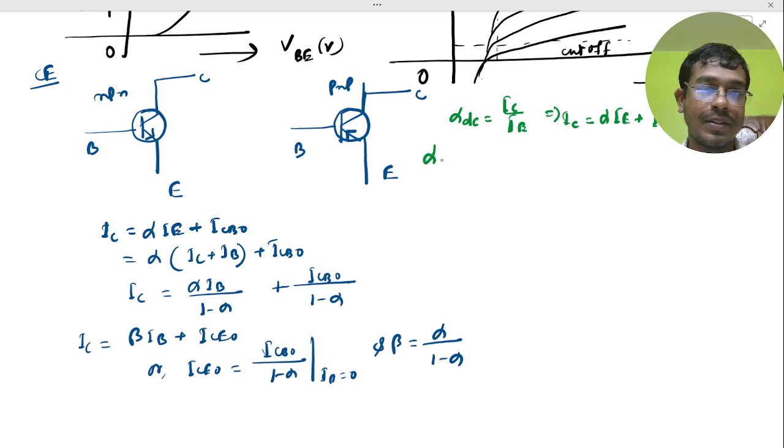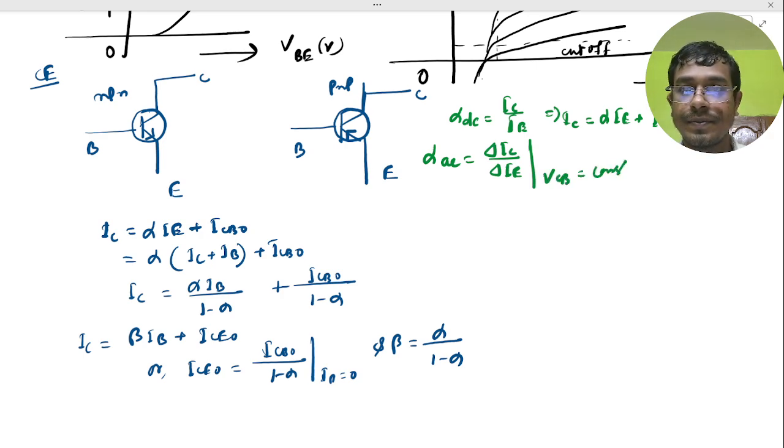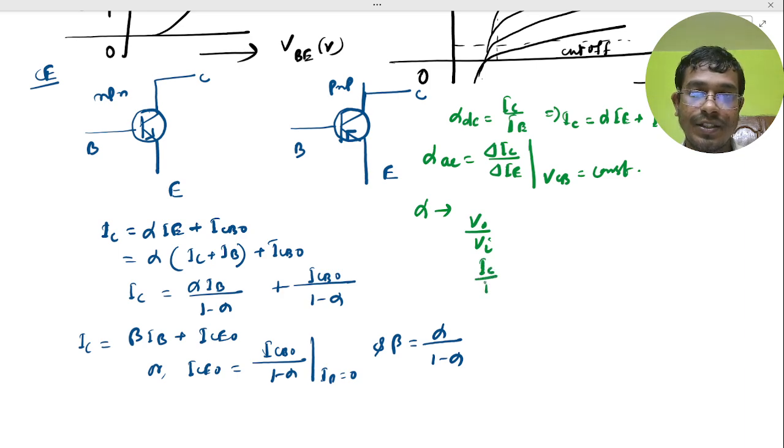The other is alpha AC mode, del IC by del IE for VCB constant, where alpha is called the common base short circuit amplification factor. The voltage amplification would become V0 by Vi, and the current amplification IC by IE.